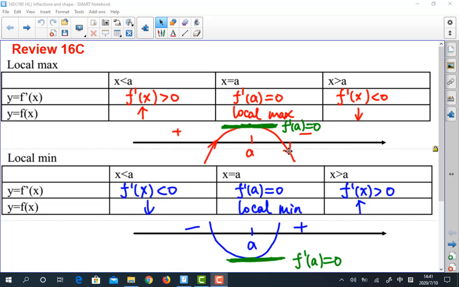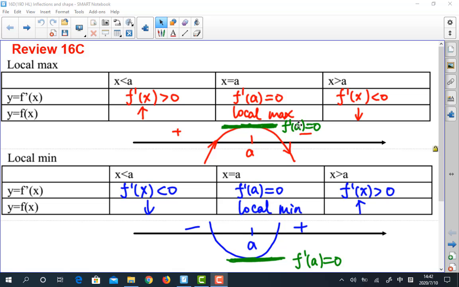On the right side of x equals a, the graph must be decreasing, so f prime x must be less than 0. So from increasing to decreasing by passing x equals a, x equals a is the local maximum point.